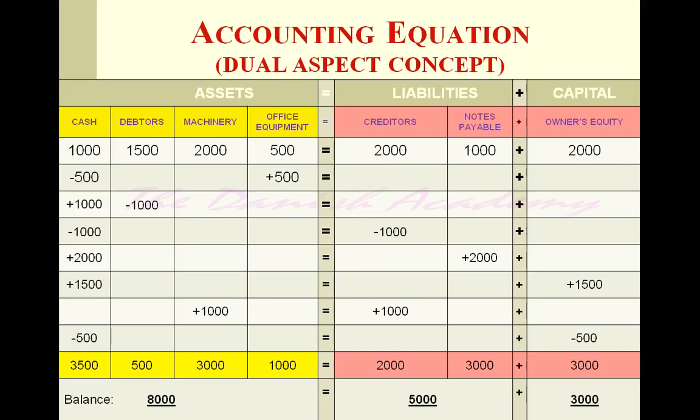So 5000 plus 3000, it is also 8000. As we have discussed earlier, both sides of the accounting equation must be equal after every transaction. We have seen here that after a number of activities, both sides are still equal.